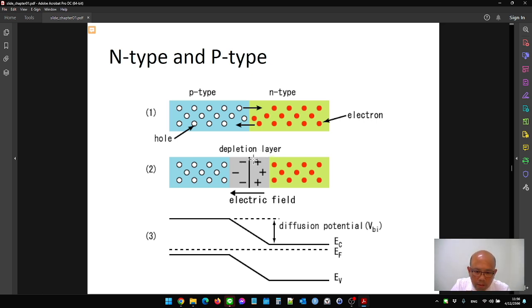The hole is positive and the electron is negative. At the joint position, that is called the depletion layer.